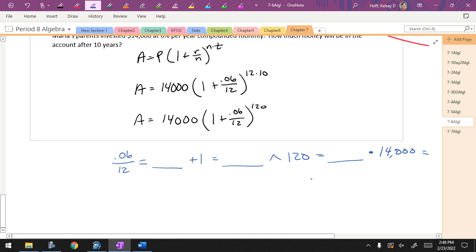So I got 14,000 times 1 plus 0.06 divided by 12 raised to the 120th.